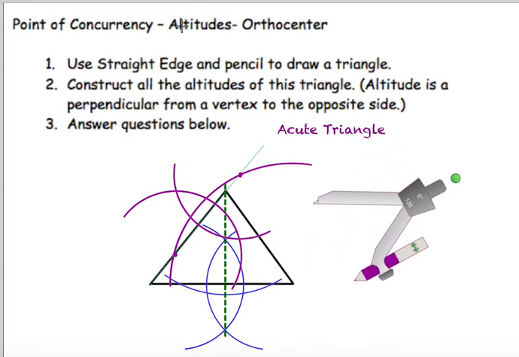Connecting with a straight edge, it should go through that angle across from it. So now I have 2 of them and need to do the third.